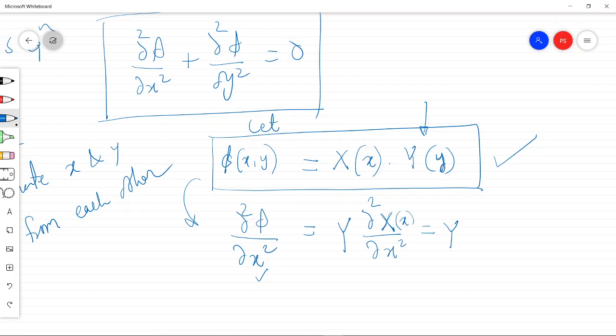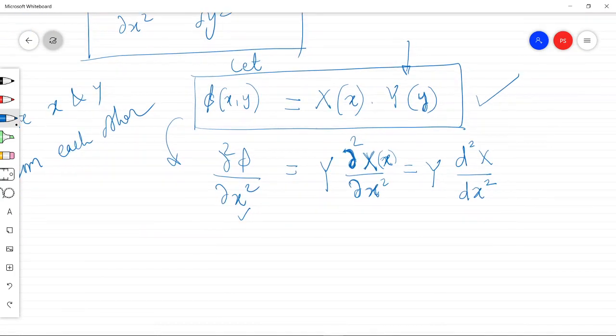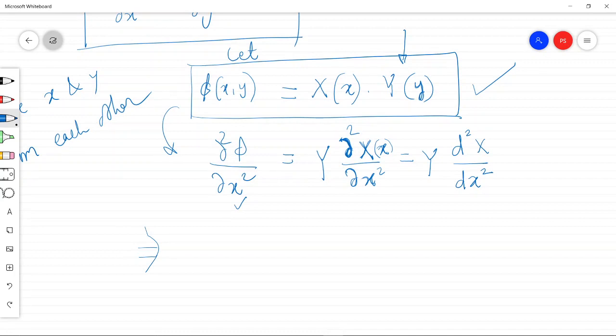So we no longer need to write down this partial derivative symbol, because this derivative is with respect to x and capital X is a function of x alone. So we can replace this dou sign by the standard d sign. So we write it as d2X by dx squared. Similarly, we can also write dou 2 phi by dou y squared as X d2Y by dy squared.